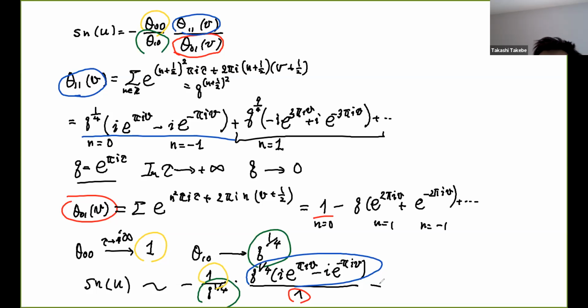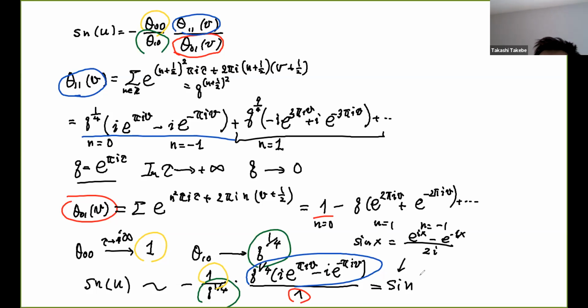And so finally we have, so, sin of x is equal to 2i by this Euler's formula.